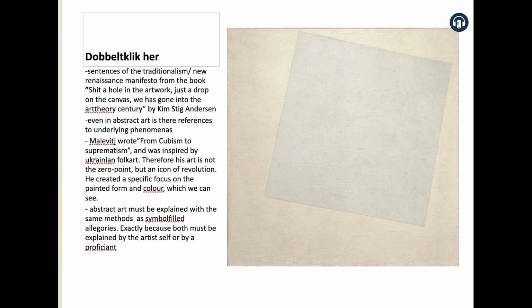Therefore, his art is not the zero point, but an icon of revolution. He created a specific focus on the painted form and color, which you can see. Abstract art must be explained with the same methods as simplified allegories, exactly because both must be explained by the art itself or by a profession.